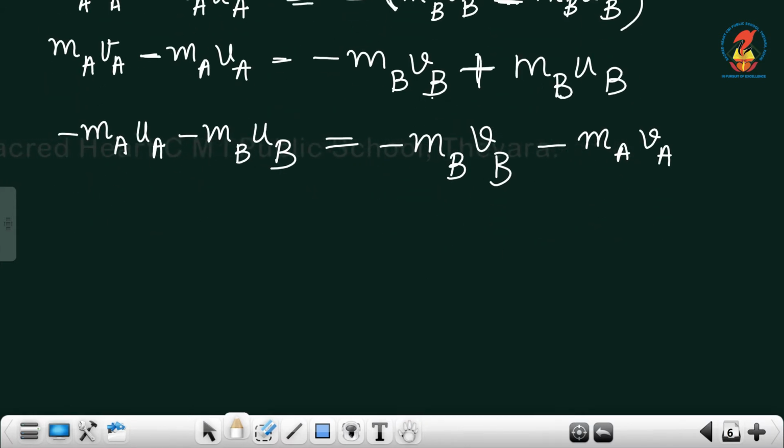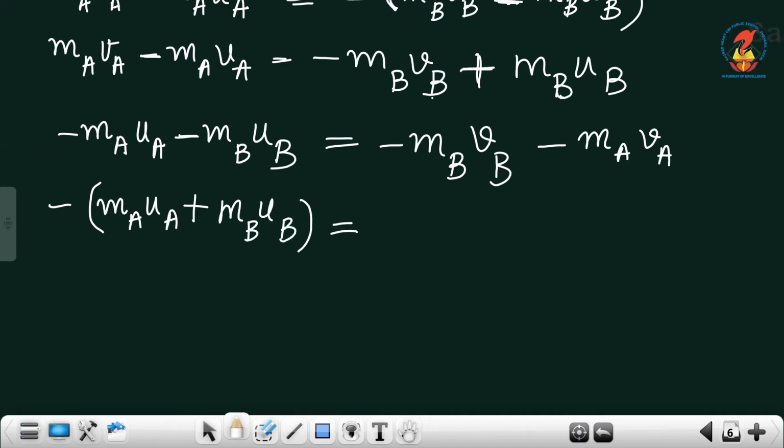Now, on this side, minus is common, so I took it outside. So it becomes minus of MAUA. I took minus outside, so here it becomes plus MBUB, equal to, again here also let me take minus as a common sign outside. So it becomes MBVB.